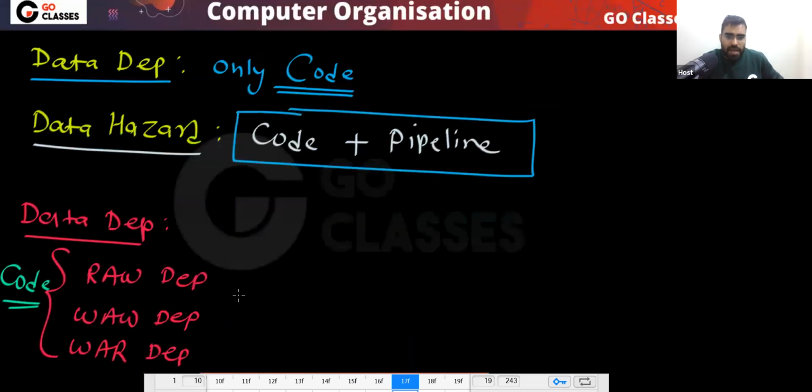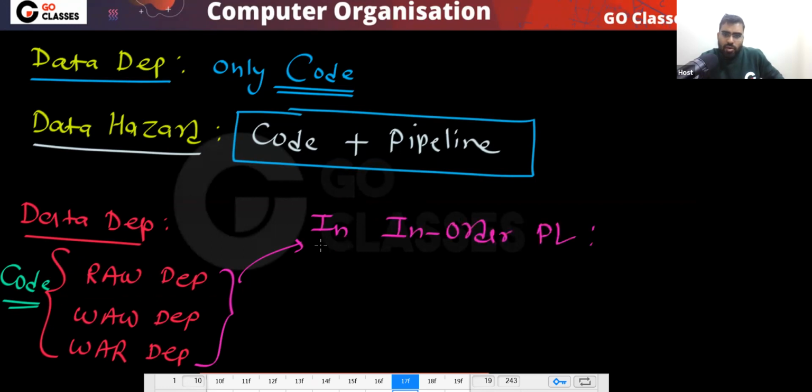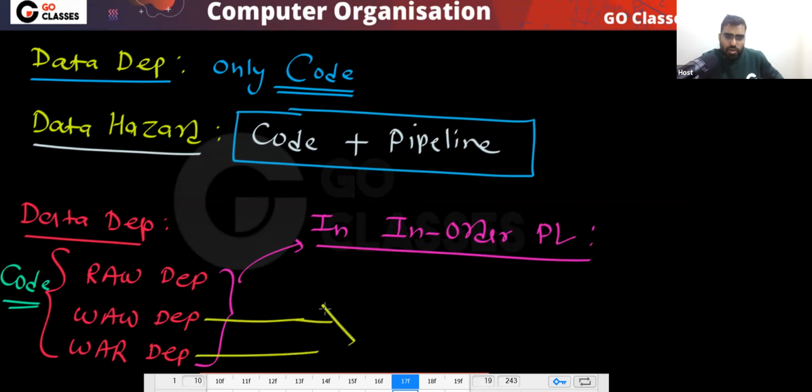Do you remember I told you that in order pipeline, some of these things do not exist? Which of them can be a hazard in order pipeline? These two dependencies can never be a hazard.